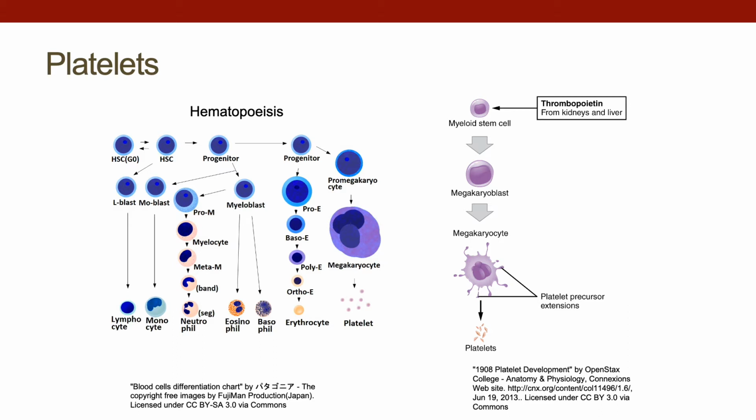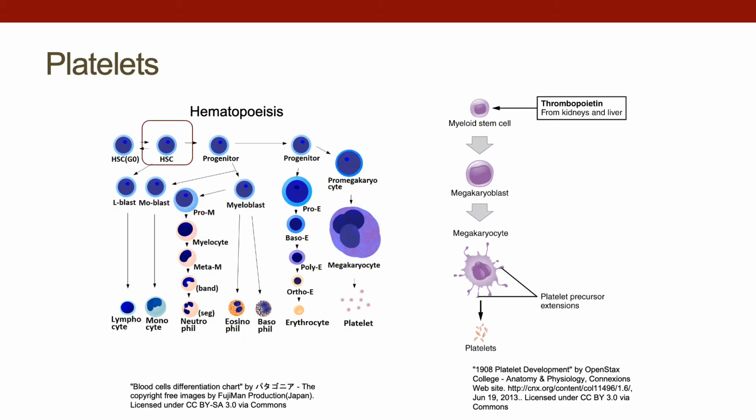So now I'll start talking about platelets. The left-hand side of this slide shows the process of hematopoiesis, which makes the cells that are in the blood and is going on in the bone marrow.